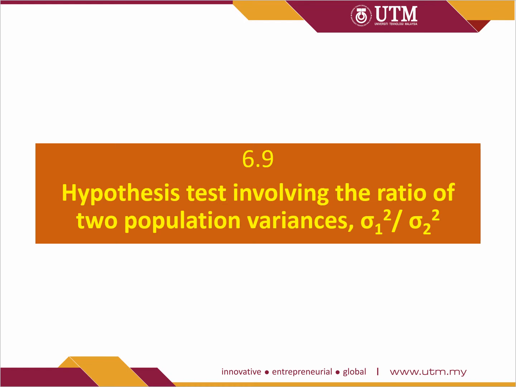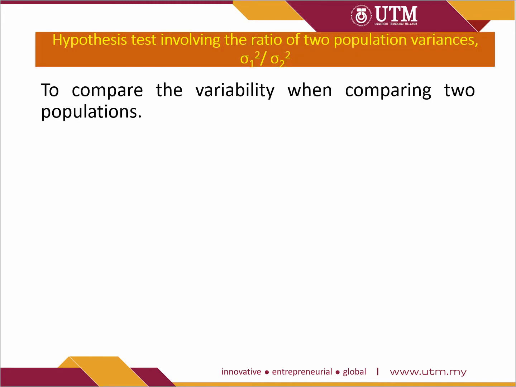In this video, we are going to learn the last topic for hypothesis testing, which is the hypothesis test involving the ratio of two population variances. So this hypothesis test is to compare the variability when comparing two populations.